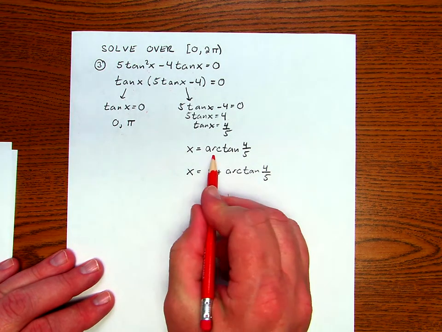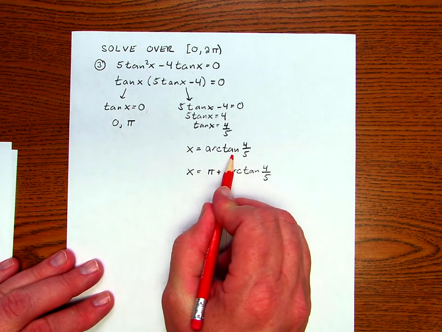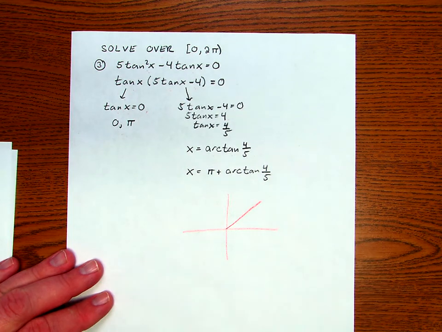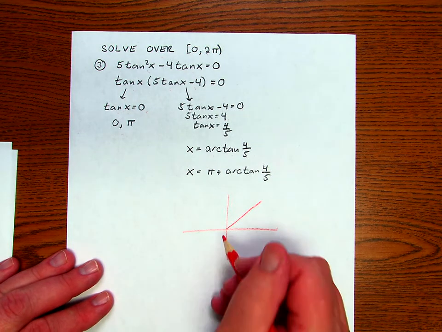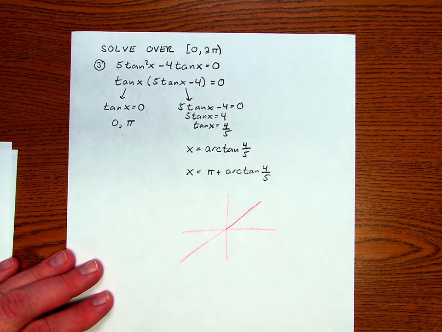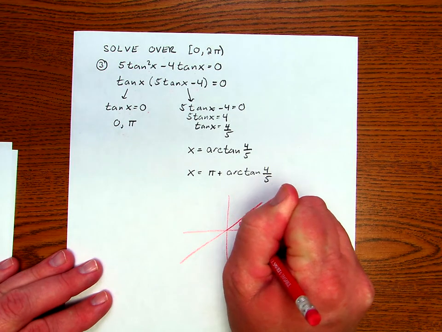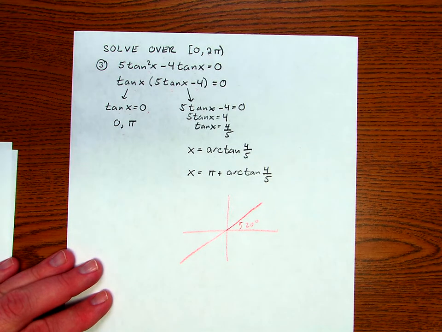If you're using an arc trig function, whether it's sine, cosine, or tangent, if that's a positive number, we know that's referring to a first quadrant angle. Well, we know tangent is also positive down here in the third quadrant. So let's use the same reasoning we did for the previous two problems. Let's pretend for a moment that was a nice clean answer, like 20 degrees.